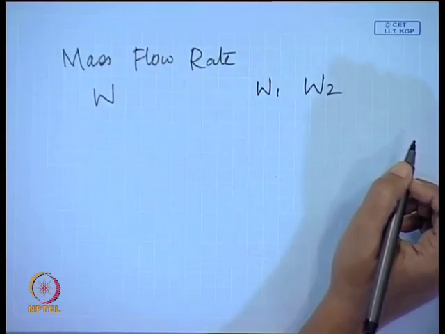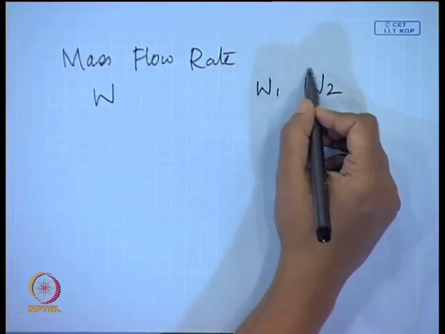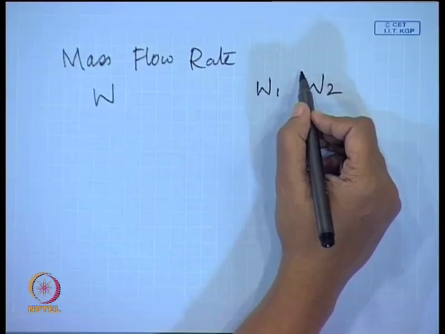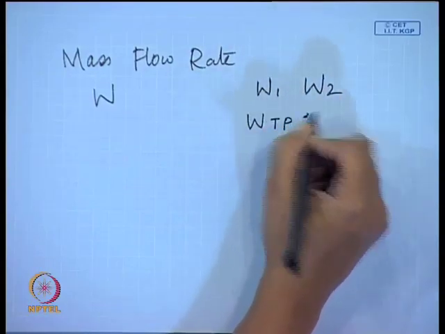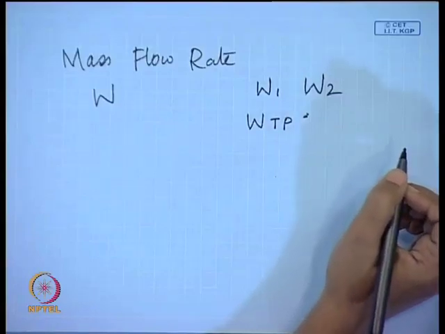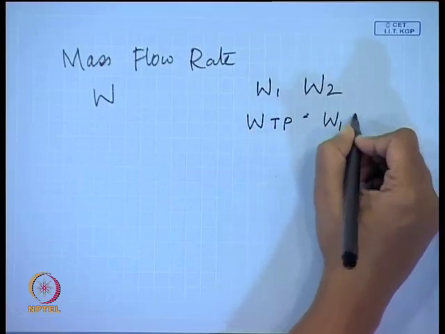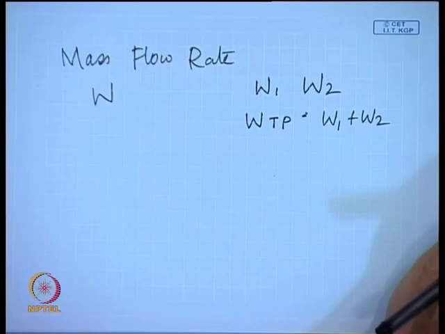If it is two liquids, then W1 is the mass flow rate of the heavier liquid and W2 is the mass flow rate of the lighter liquid. Agreed? Along with that, we also have W2 phase. You can also use Wm if you wish, but I would prefer to use W2 phase, which is equal to W1 plus W2, agreed, from the equation of continuity.